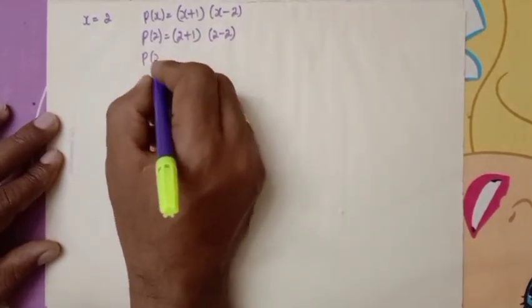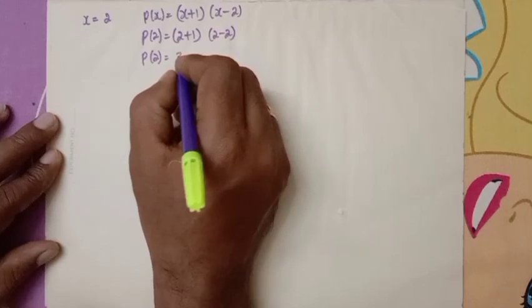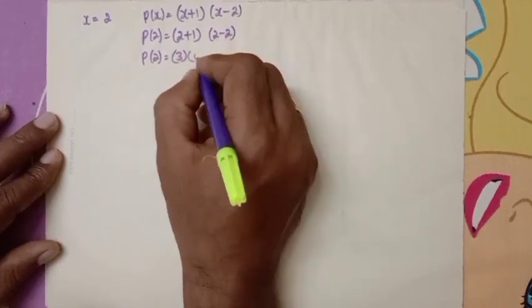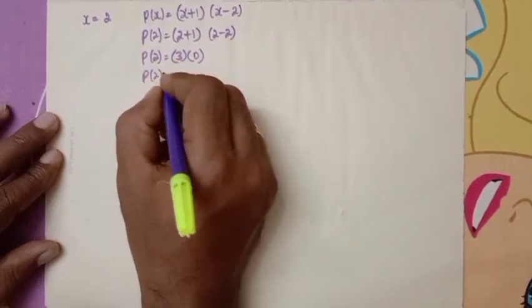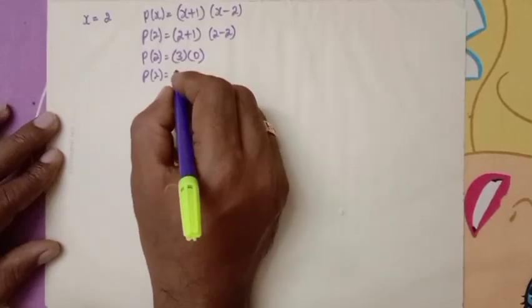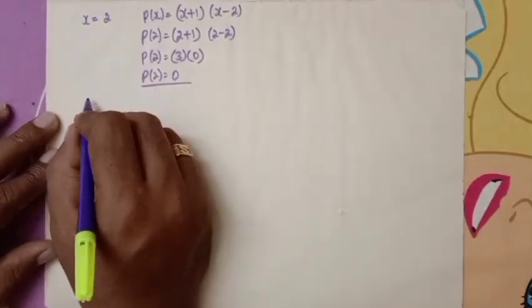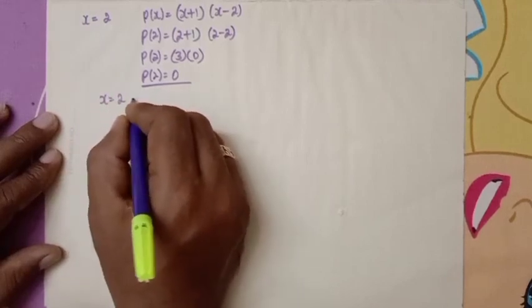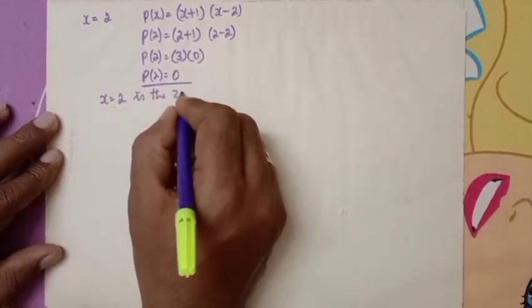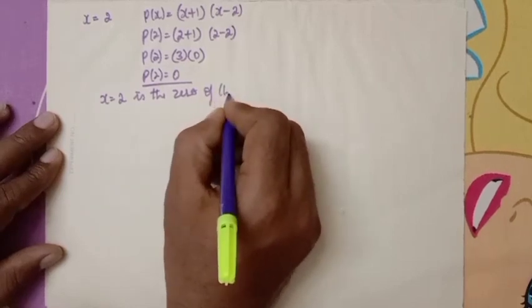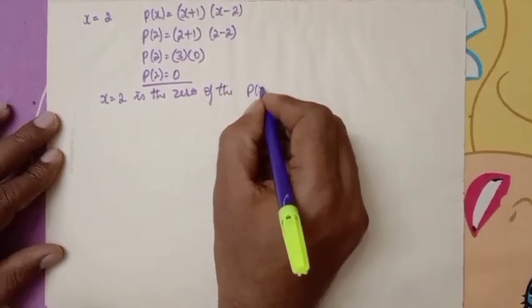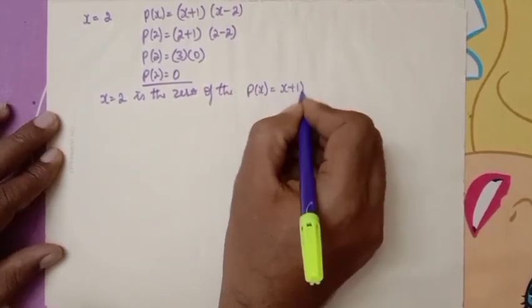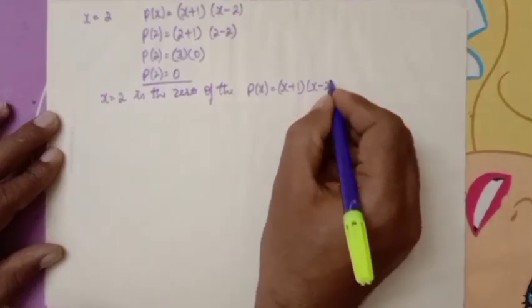P of 2 is equal to 2 plus 1 is 3, 2 minus 2 is 0. So P of 2 is equal to 0, as 0 into anything is 0. So you can say that x is equal to 2 is the 0 of the polynomial p of x is equal to x plus 1 into x minus 2.